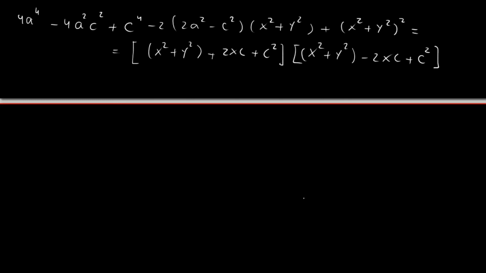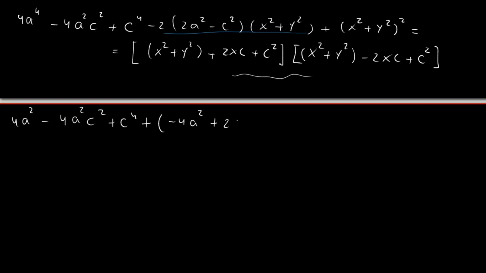And now we're gonna be working on this multiplication. So again we write the same we had, and we're gonna also work on this multiplication. And now we move on to this multiplication. We have x squared and y squared multiplied by itself.